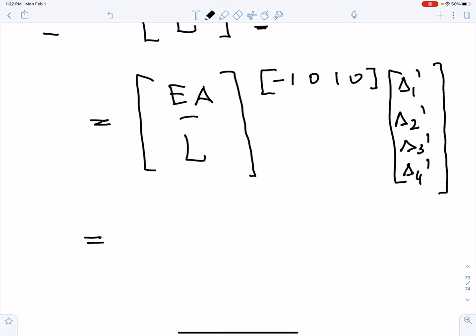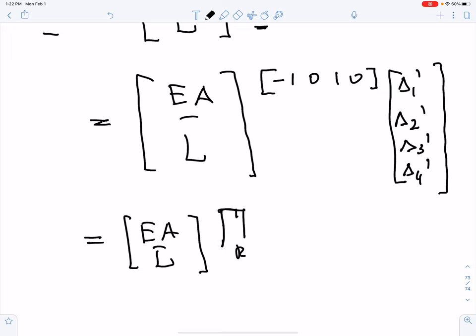Which is the same as saying EA over L, basic stiffness, times gamma RBM times delta prime.